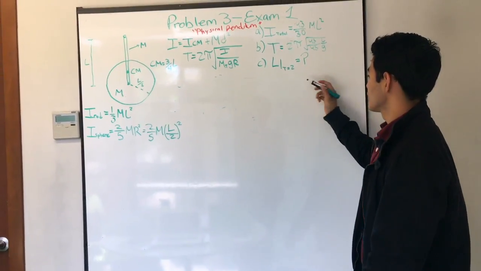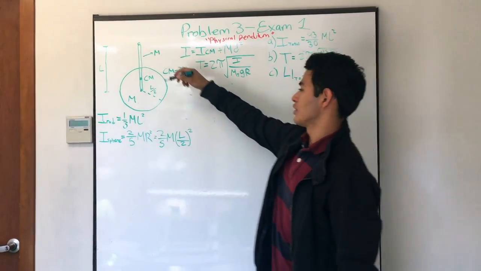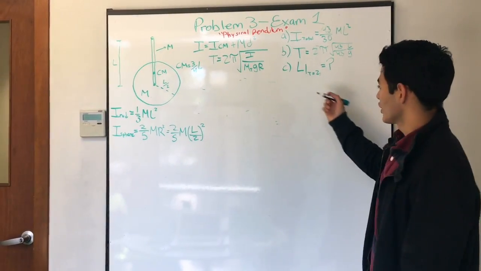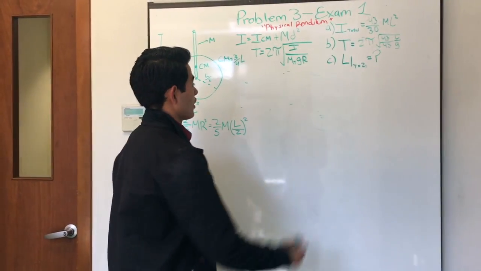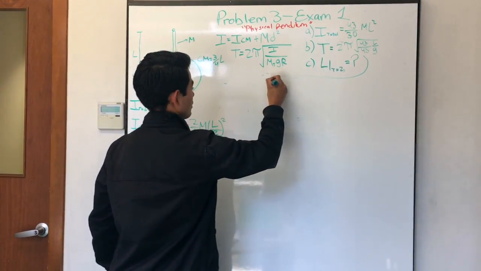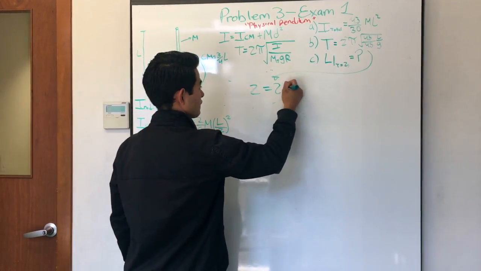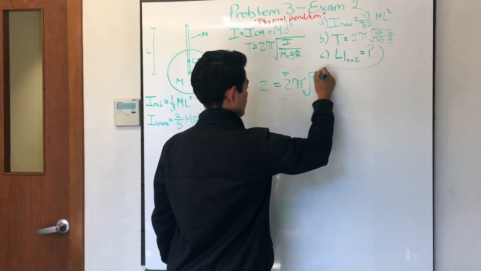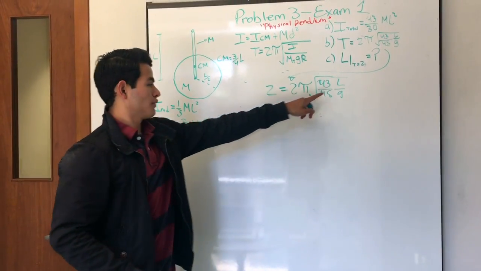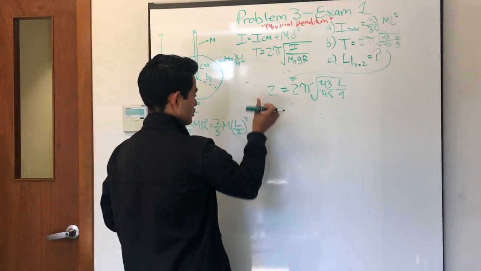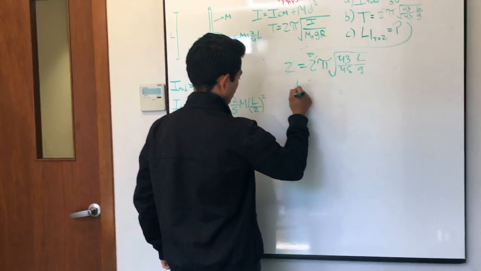And finally, we need to find how long the length should be when the period is equal to 2 seconds. So having this, the period is equal to 2, and now we just need to solve for L. This 2 is cancelled, so we will have 1 over pi.